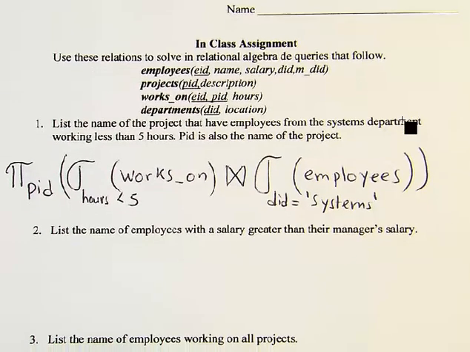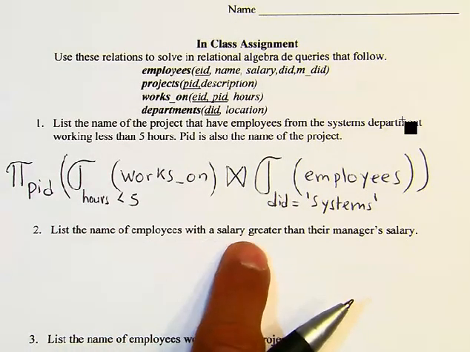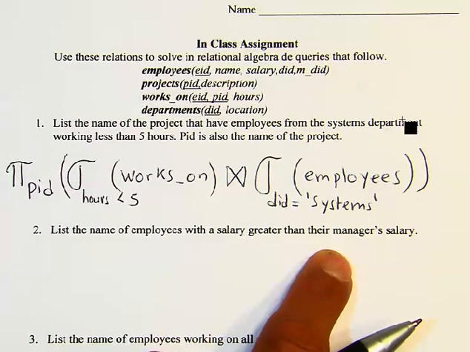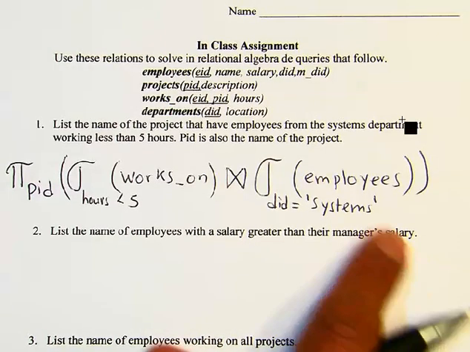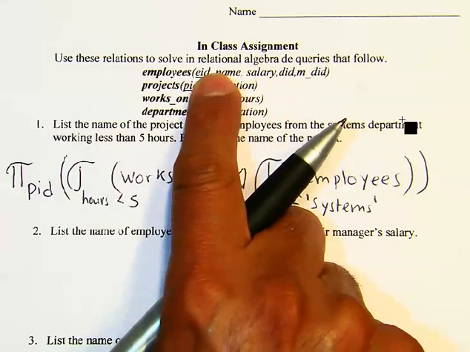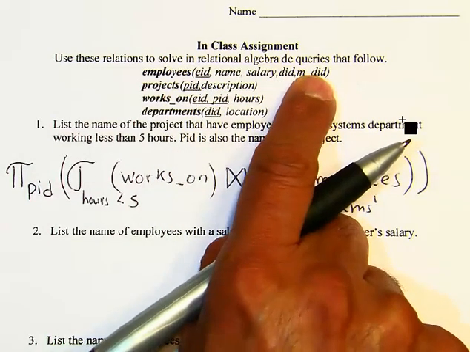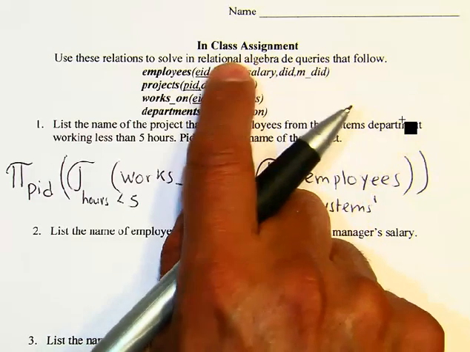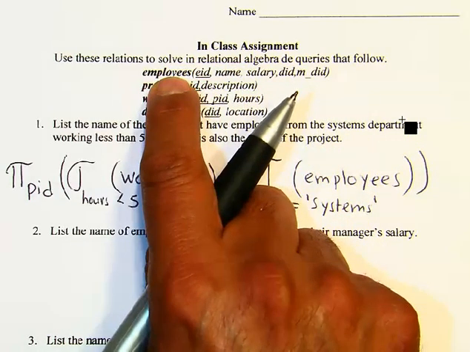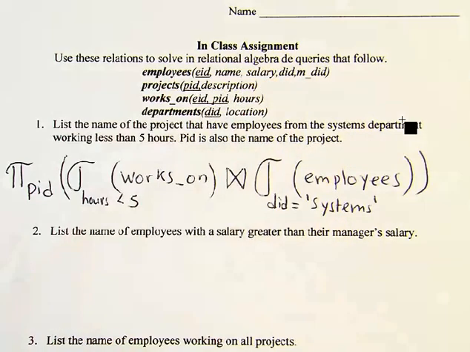So now for number 2, it says list the name of employees with a salary greater than their manager's salary. Here we get the salary of an employee. Here we get the identification of the manager, but we don't see the salary of the manager. We will have to open table employees again for the managers and the employees and compare the salaries.